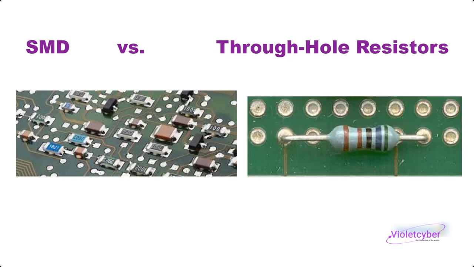Through-hole resistors have leads that go through holes in the PCB and are used in circuits that require higher power or larger components. Example, in small devices like smartphones, SMD resistors are used, while in high-power circuits like power supplies, through-hole resistors are preferred.